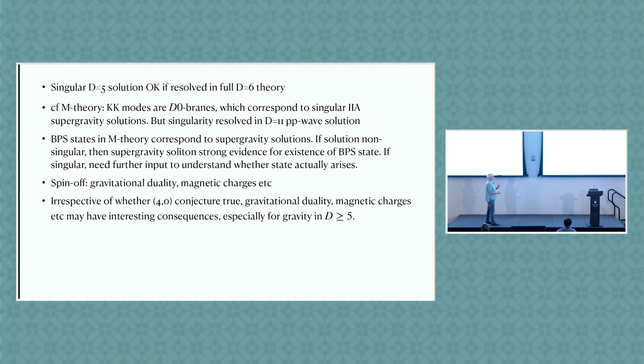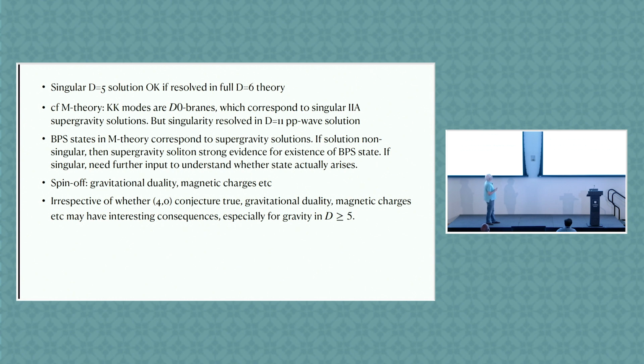So for example, if one looks at the M5 brane supergravity solution, it has Dirac strings for the 3-form potential. So a singular 5-dimensional solution would be okay if it's resolved in the full interacting 6-dimensional theory.